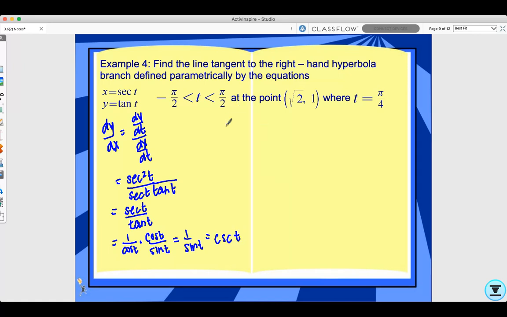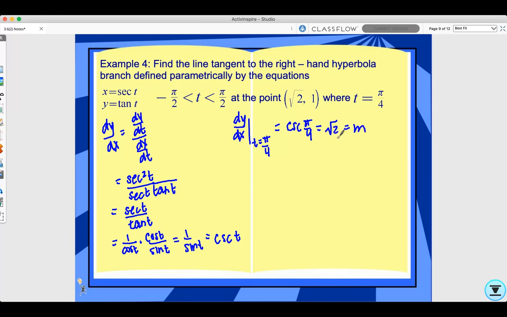So this is my formula for the slope of the tangent line at any given point, but I need to find it specifically at pi over 4. So I need to find dy dx at t equals pi over 4. This would be cosecant of pi over 4, and cosecant of pi over 4 equals square root of 2, which would be my m.